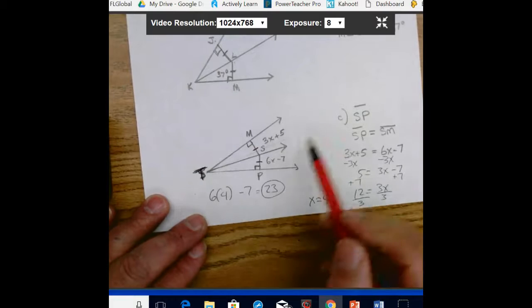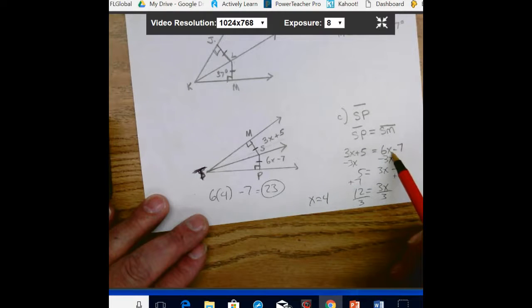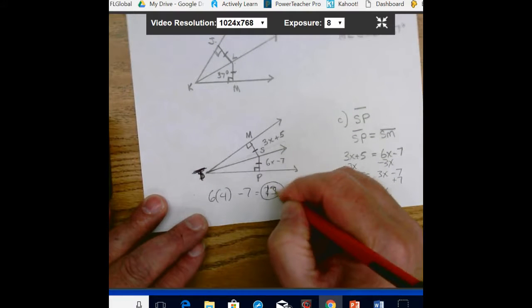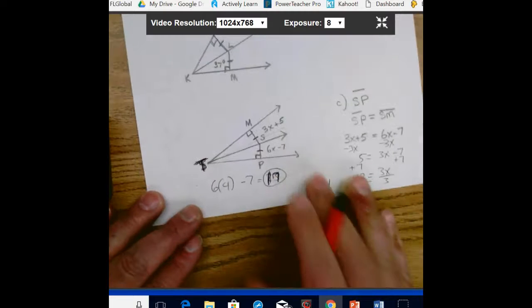Let's see if it's the same. So then we plug in, oh wait, made a mistake. Minus 7. 24 minus 7 is 17. Sorry about that. I hope you spotted it.